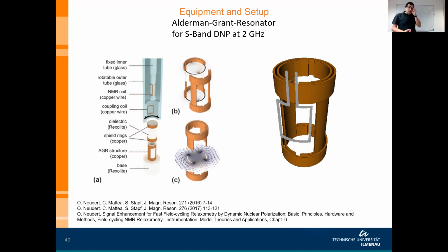This is, I think, never met in reality, but is almost done in this Alderman-Grant resonator. Then we have here a small description, and we see here the radio frequency coil here, we send the magnetic field, and then there is here, right, the coupling coil where you send the microwave.